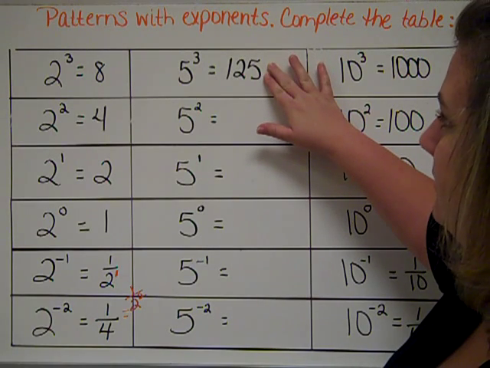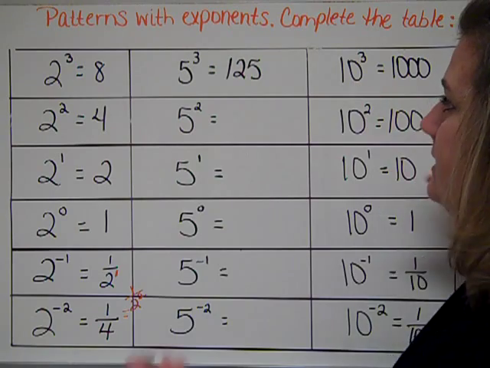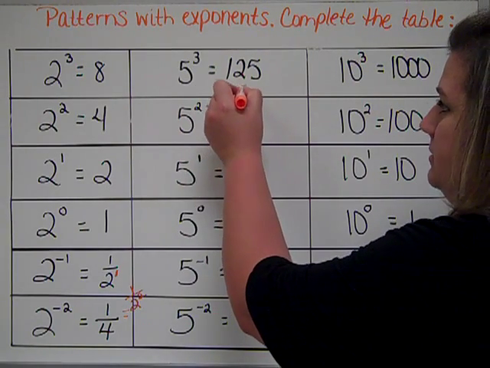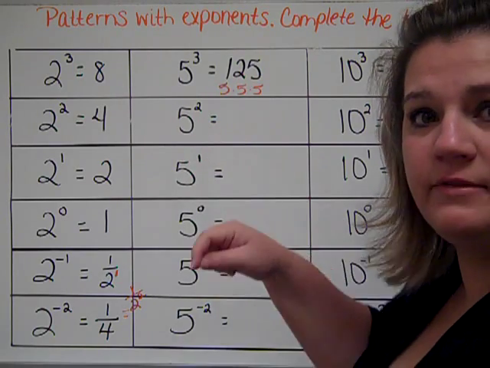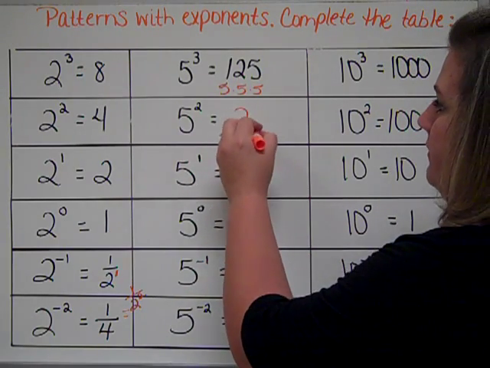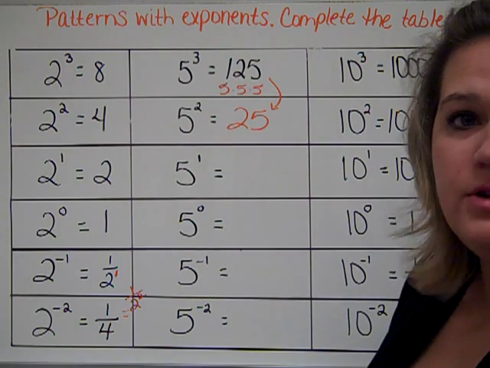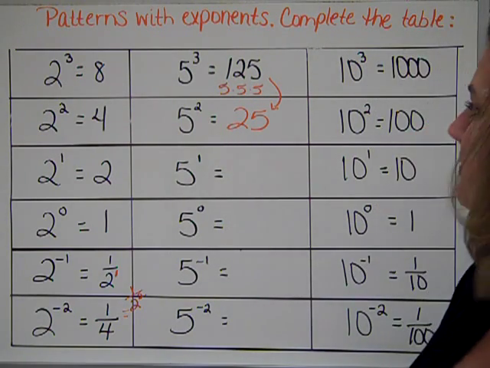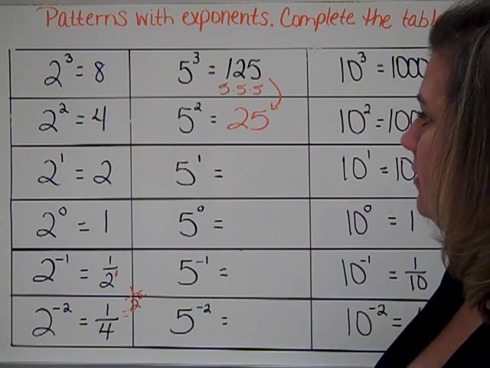Alright, let's look at the 5s. So notice what happens here. 5 to the third is the same as 5 times 5 times 5. Well, 5 squared would be 5 times 5, which is 25. Notice that pattern. What do you think is happening when I have 5 to the first?